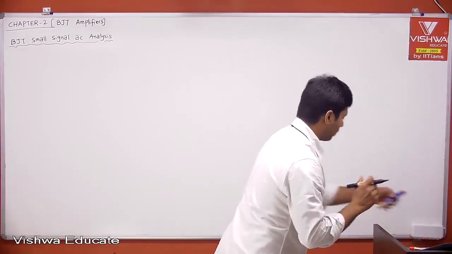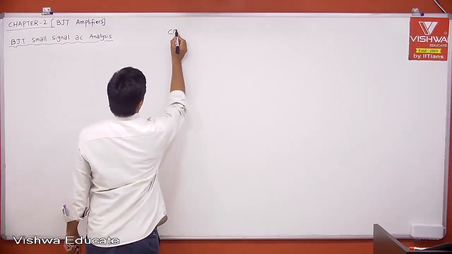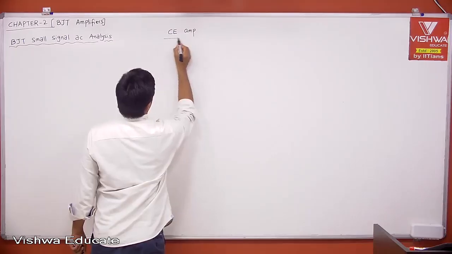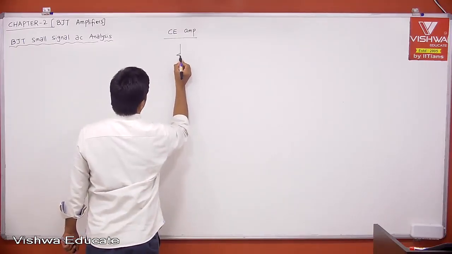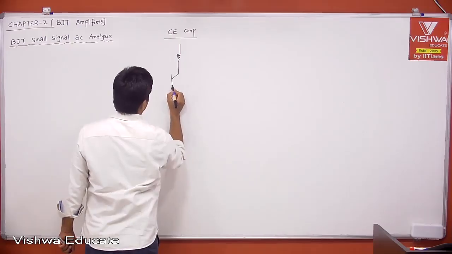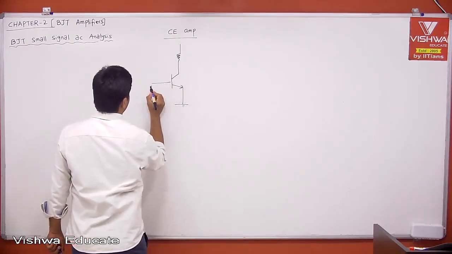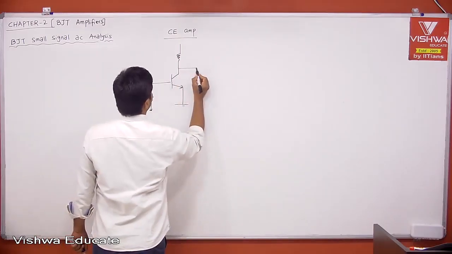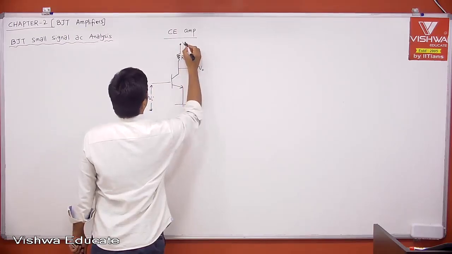Now, if you take the CE amplifier, this is the input and this is the output, and this is your load and VCC.